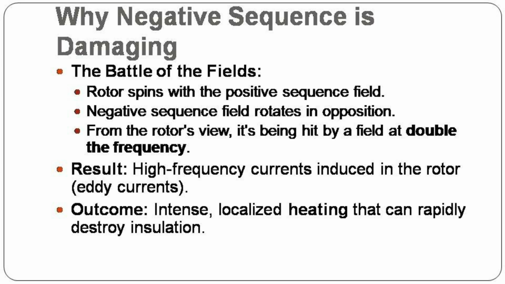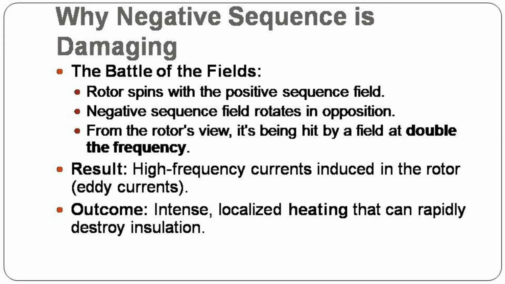So here's the core of the problem. Imagine a generator rotor spinning perfectly in sync with the positive sequence magnetic field. Now, the negative sequence field appears suddenly, spinning backwards. From the perspective of that spinning rotor, this reverse rotating field isn't just standing still.